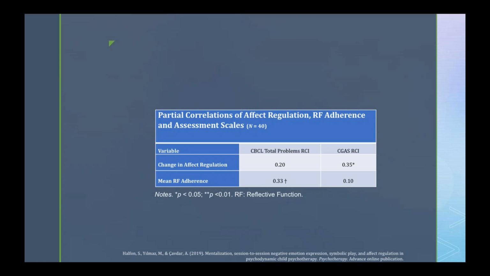And we give this measure before treatment and after treatment to see if there is improvement in emotion regulation over the course of treatment, and we actually find that there is significant improvement on the emotion regulation subscale of the ERC over the course of treatment.